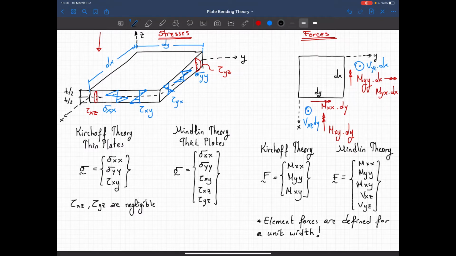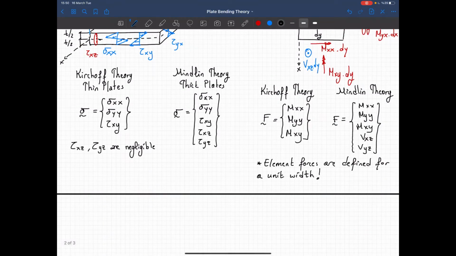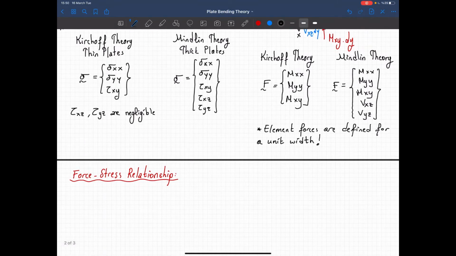Now let's relate the stresses with the forces. So force-stress relationship.